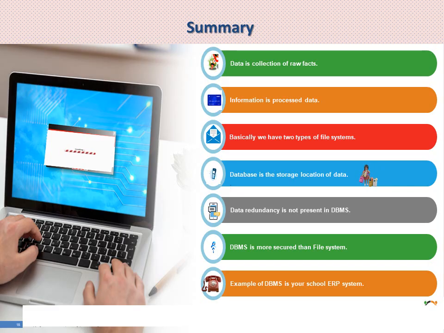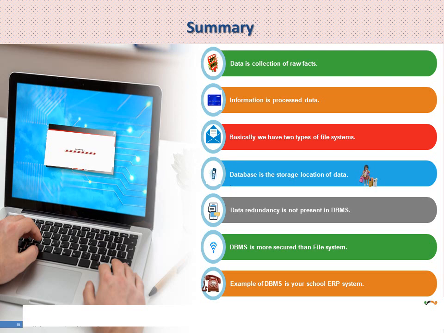Then, when we store this data, we have basically two types of file systems. The first was the flat file system, which we were using, but now it has been replaced by another system, the database management system, which is more efficient.